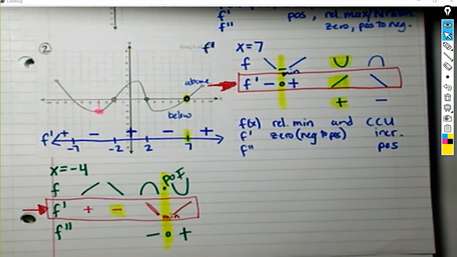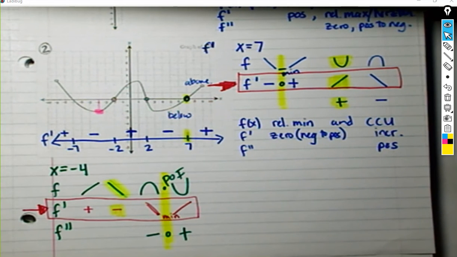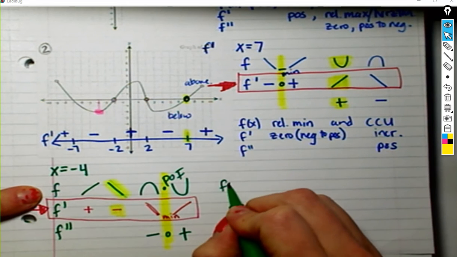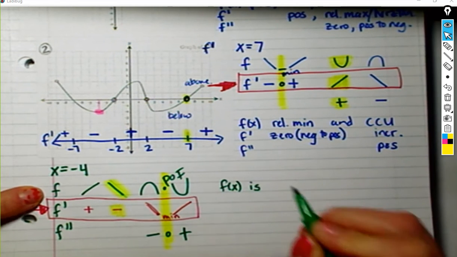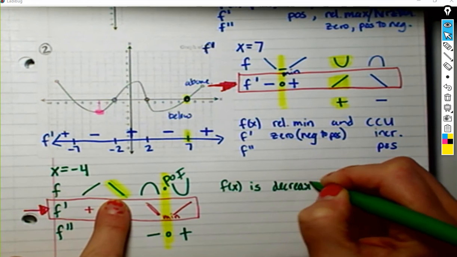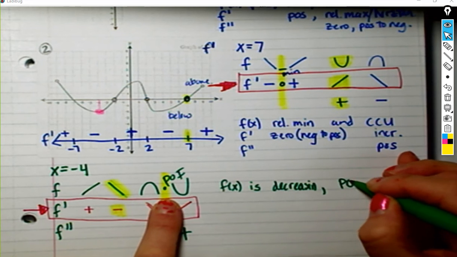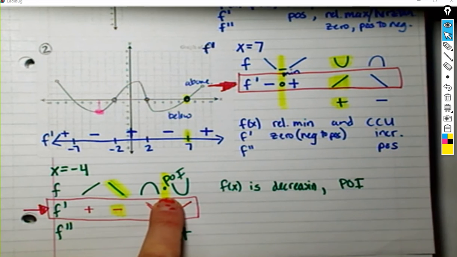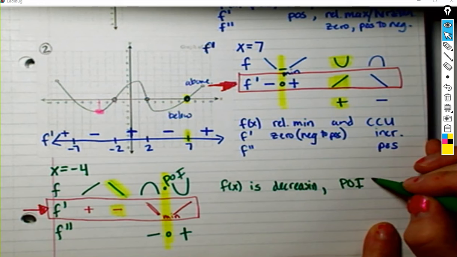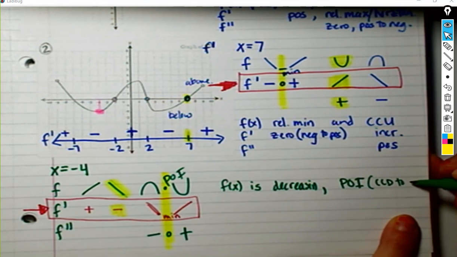Three sentences, one for each row. Just going to go and highlight everything that's corresponding. F of x is decreasing, point of inflection, and it's actually concave down to up.